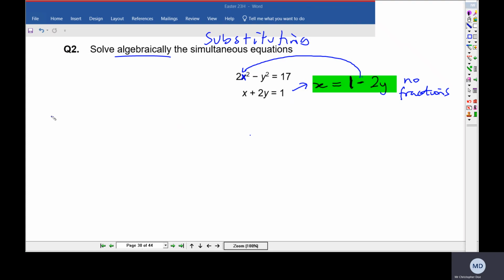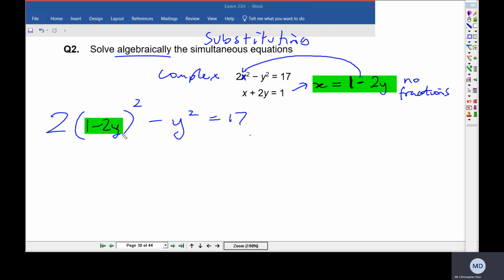We're still going to have our 2, our squared sign, and minus y squared equals 17. So we're going to use the more complex equation, but replace x by 1 minus 2y. If you can do that, that is normally your first mark for replacing x with that.